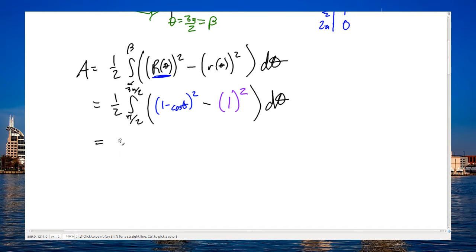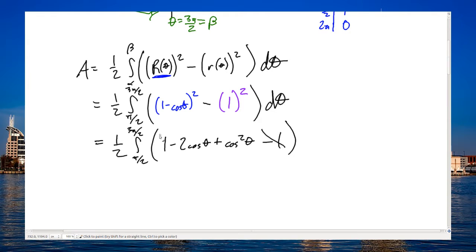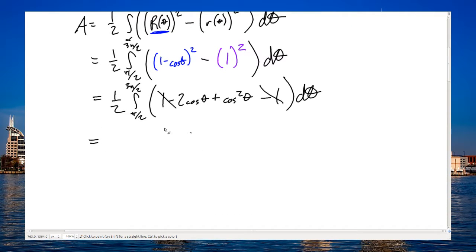So now I'll just do some trig and algebra. Square this out, I get 1 minus 2 cosine plus cosine squared minus a 1. So the 1's cancel here and here, d theta. 1/2, pi over 2 to 3 pi over 2. I've got to split up this cosine squared. That's 1/2 plus 1/2 cosine of 2 theta.